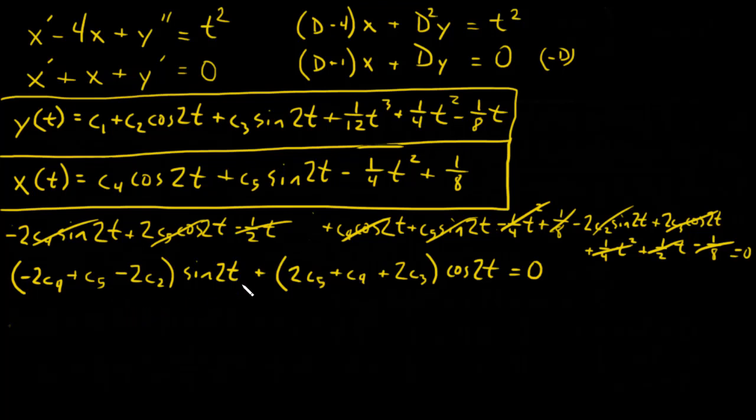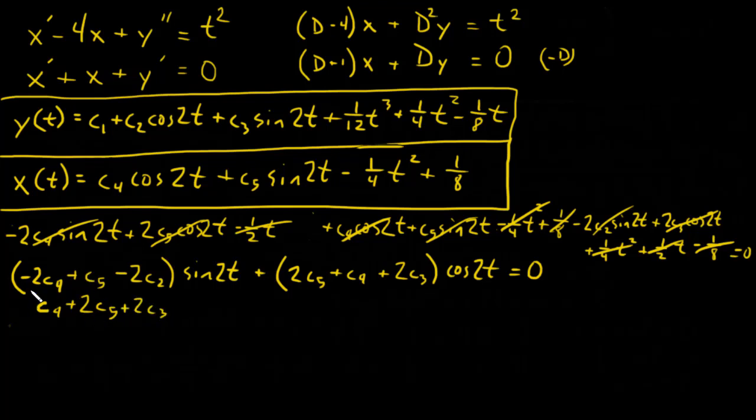So in either one of these, what I really have is a system of equations now. I'm going to rewrite this one underneath here. C4 plus 2C5 plus 2C3. Okay?